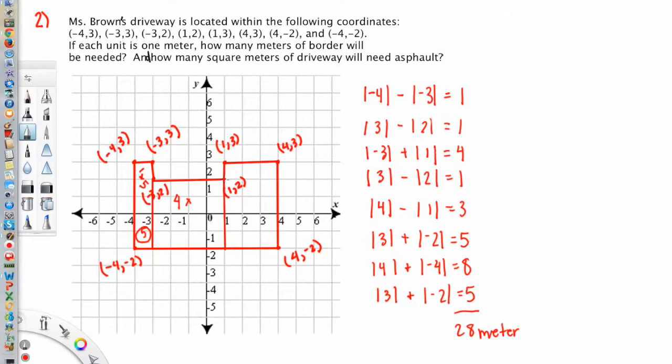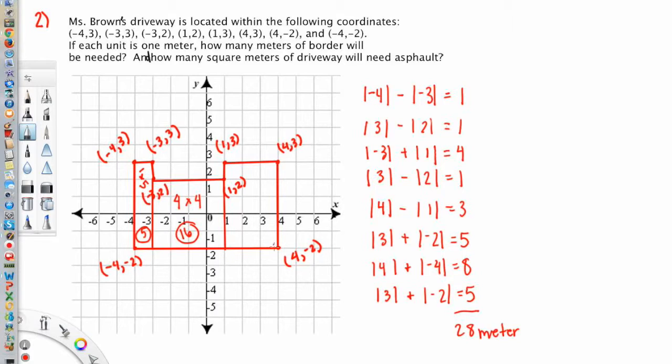It is this point right here. Okay, this would be 2 above and 2 below. So 2 above and 2 below, I add their absolute values together and I will get 4. So this is a 4 by 4 square, which would give me the area of 16.